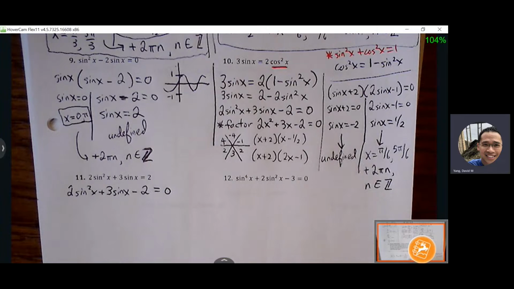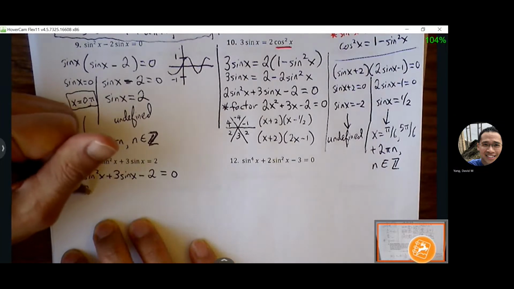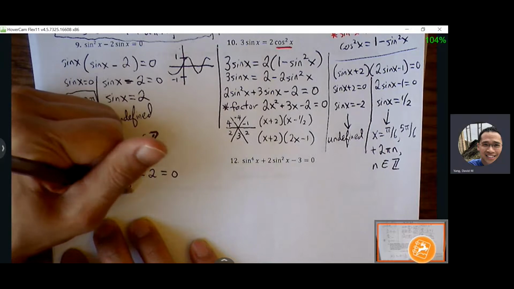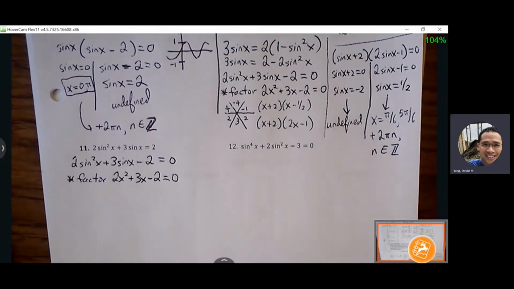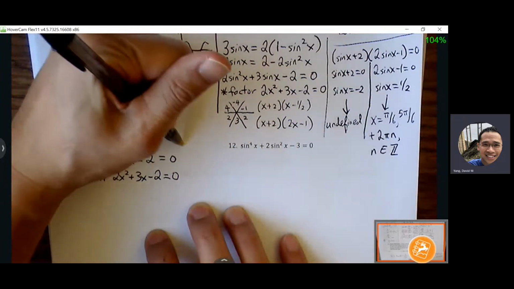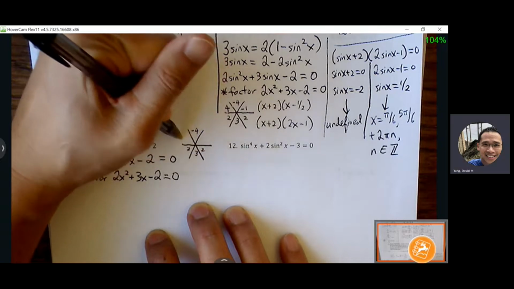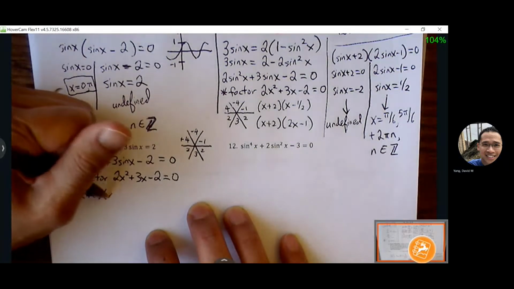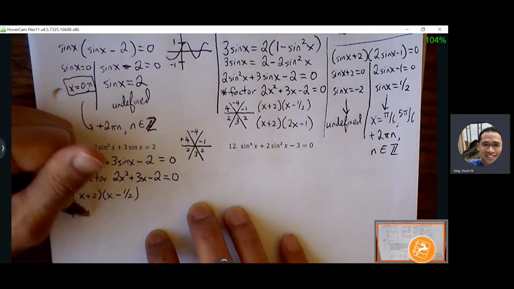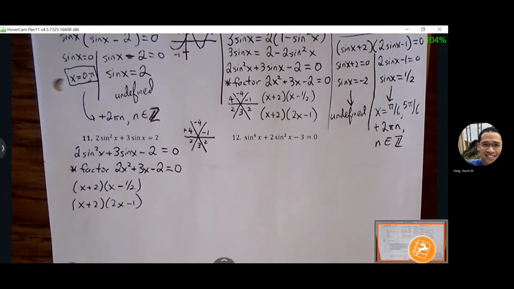Make sure all of your terms are on the same side of the equation so that you can go through your factoring. 11 is actually going to end up looking like number 10.